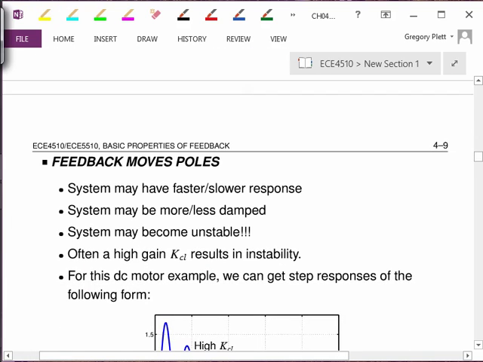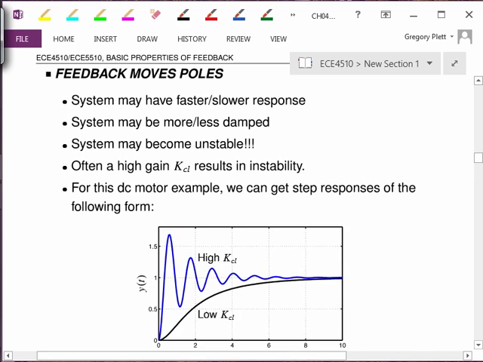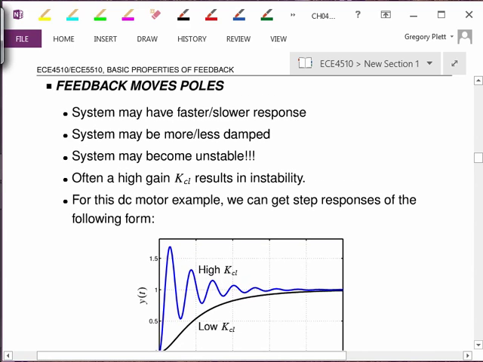Now, this is a cause for rejoicing and it's a cause for concern. This is the power of feedback, but with power you have to be careful because if you employ it without knowledge, you can cause more damage than you end up curing ills. So feedback moves poles of the system.